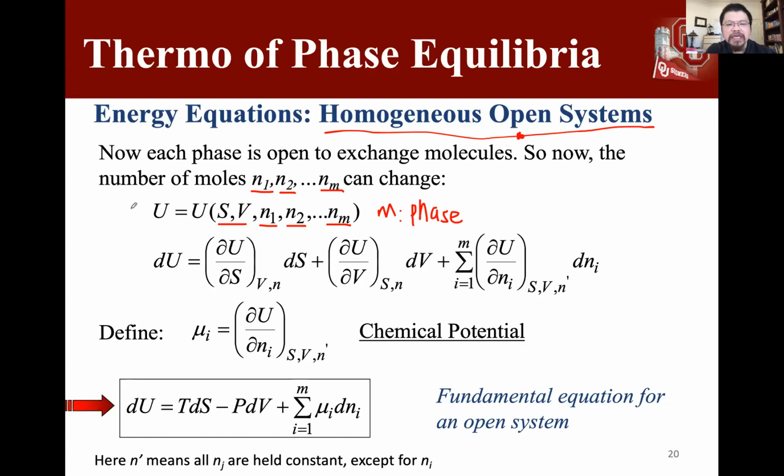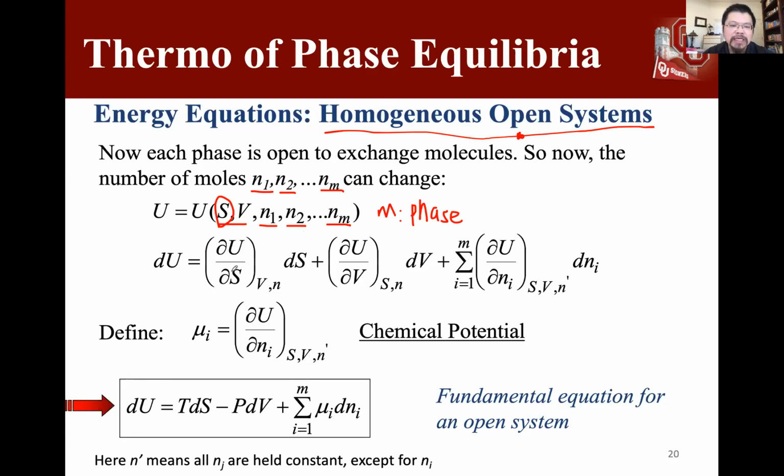Not easy to write, but I'm trying. If this is the case, then we need to revise the previous equation for the derivative, right? Now if you want to take the full derivative of the internal energy, dU, there is a partial derivative with respect to entropy. We have to take the partial derivative with respect to each of the parameters.